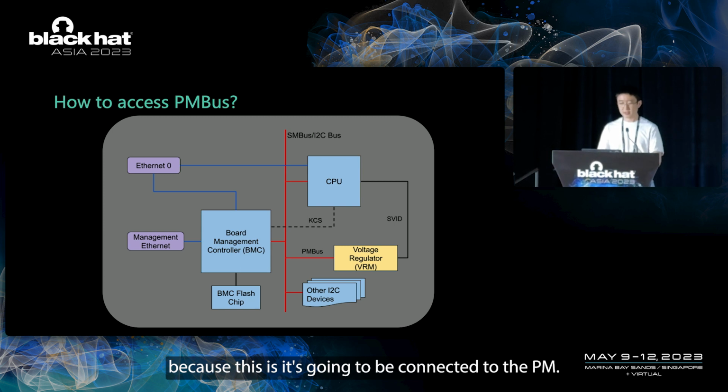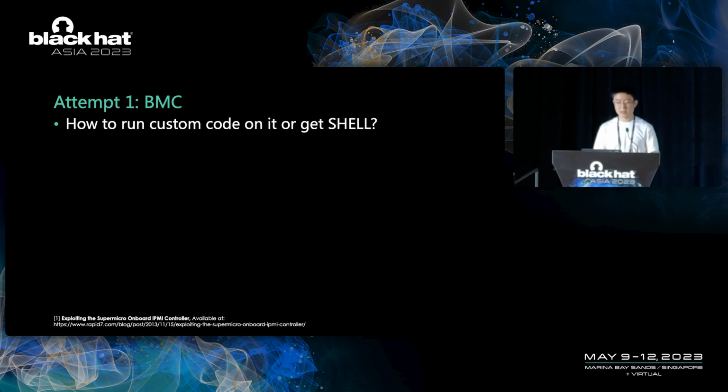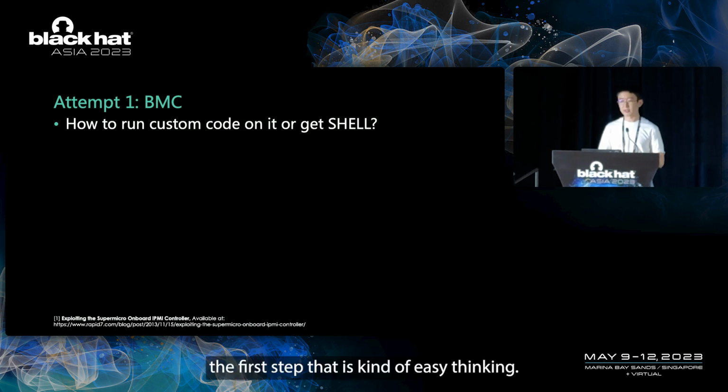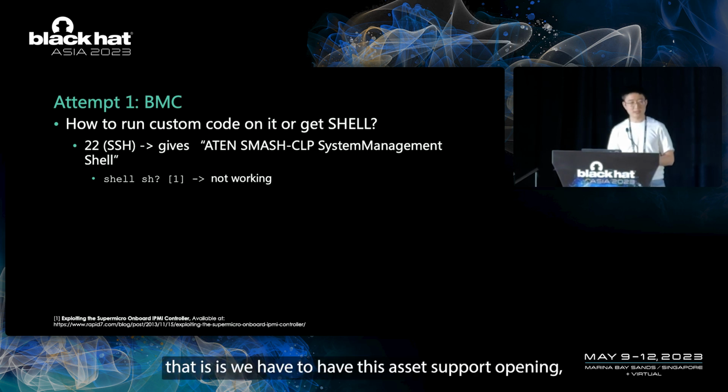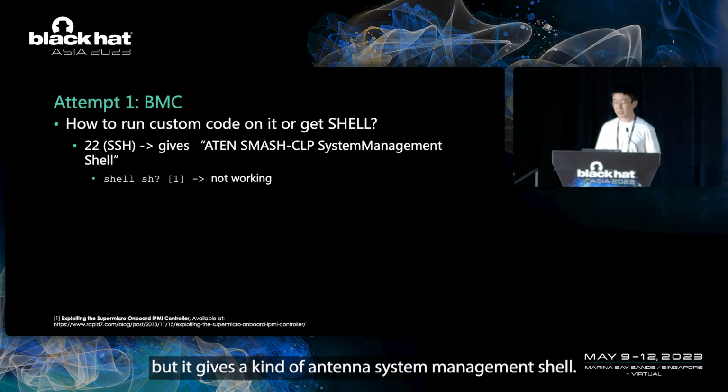Because the BMC is connected to the PMBus, we were trying to see whether we can run the same code that runs on the Raspberry Pi on the BMC. The first step is easy to think of: maybe we can get a shell from the BMC. Actually, the BMC has an SSH port open, but it gives a limited system management shell.